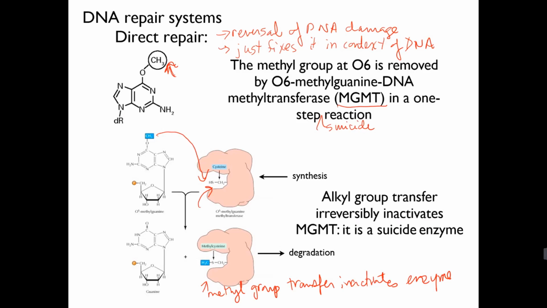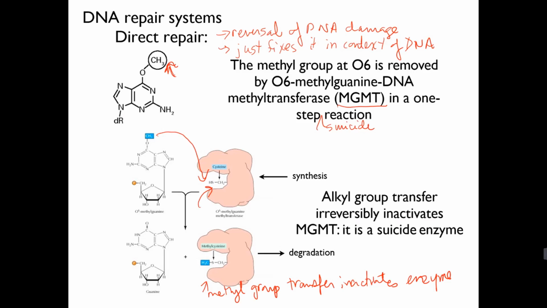It also has an interesting knock-on effect: a cell's capacity to repair O6-methyl G relates directly to how much MGMT it can make. So cells that express a high level of MGMT are quite resistant to this alkylation damage, whereas cells that express a low level of MGMT are quite sensitive to alkylation damage.